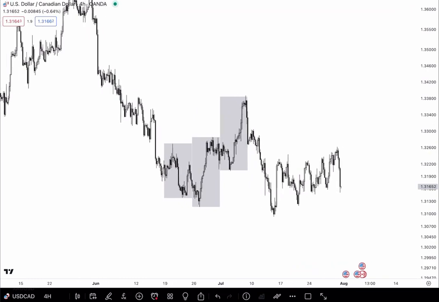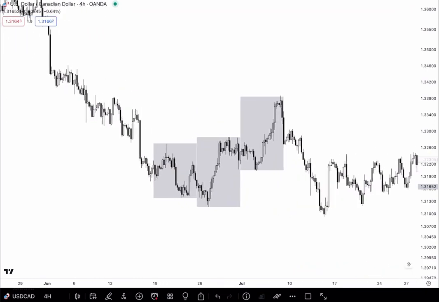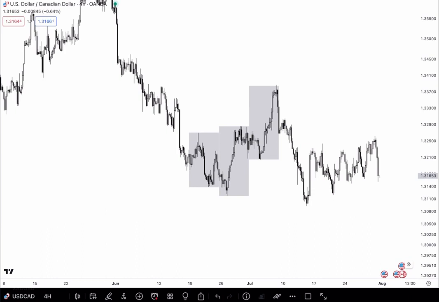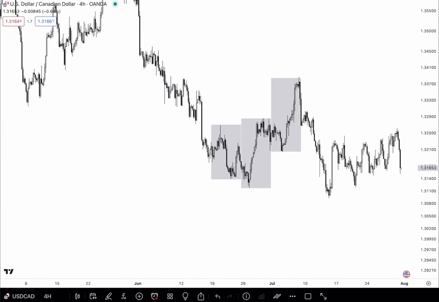Before I start with the weekly, I'm going to reveal something, which is: candles are ranges.